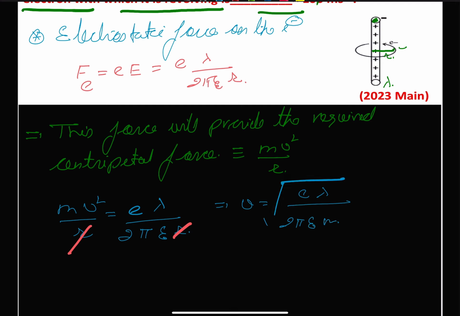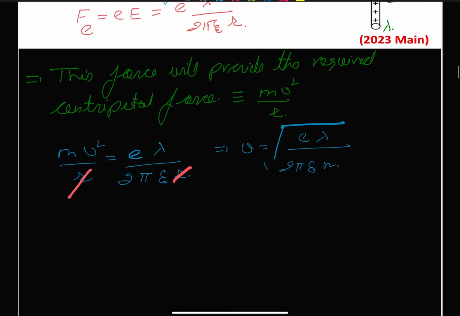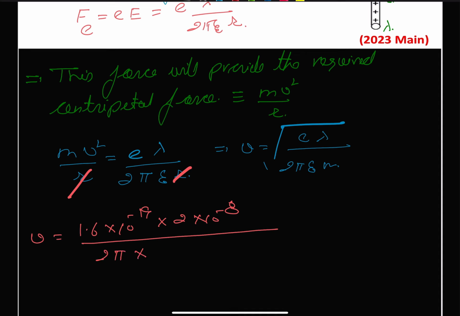We just substitute the values. We can say our velocity is equal to, charge is 1.6 × 10^-19, lambda is given to us as 2 × 10^-8, and we have 2 pi, epsilon naught is 8.85 × 10^-12, mass of electron is 9.1 × 10^-31, and its square root.